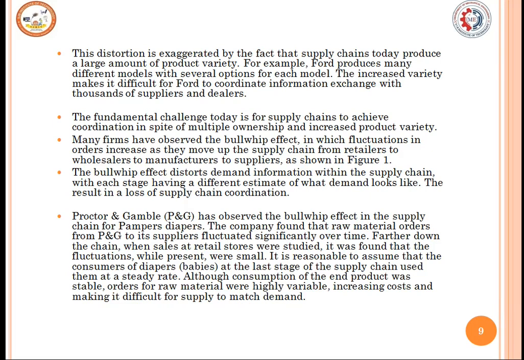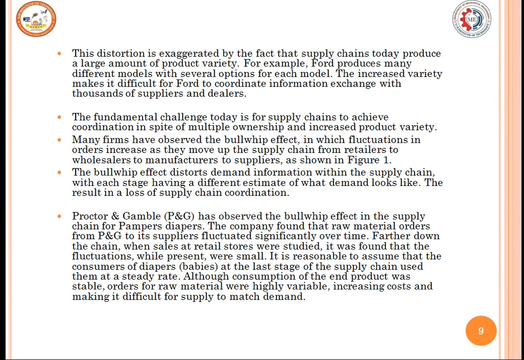Many firms have observed the bullwhip effect, in which fluctuations in orders increase as they move up the supply chain from retailer to wholesaler. The bullwhip effect distorts demand information within the supply chain, with each stage having a different estimation of what demand looks like. The result is a loss of supply chain coordination.